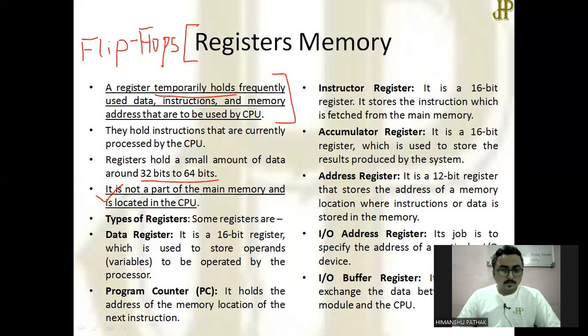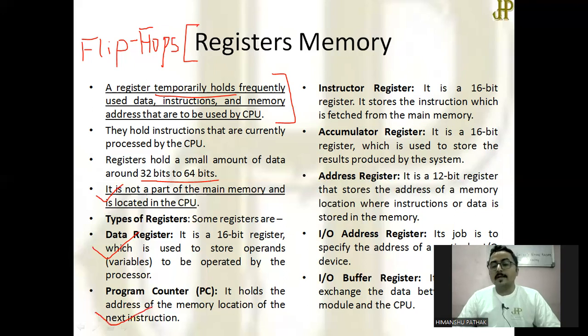Now, there are some types of registers. First one is the data register. As the name suggests, it is used to store operands, which means variables on which the processor can operate. Next one is the program counter.